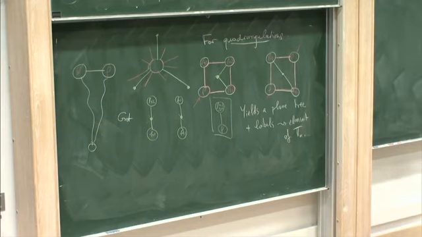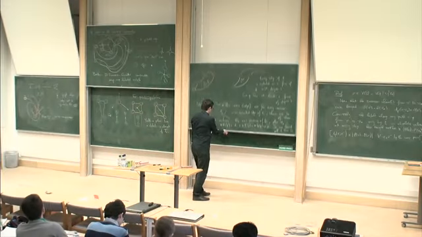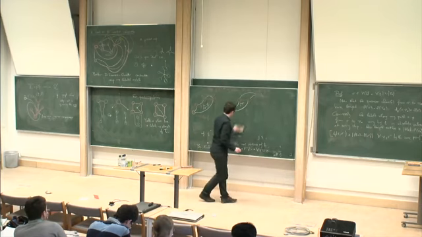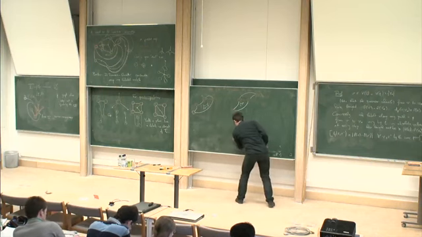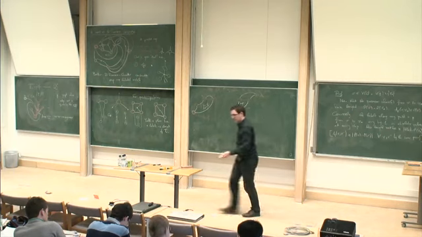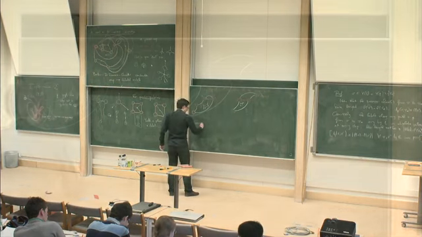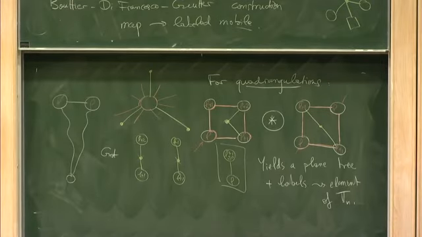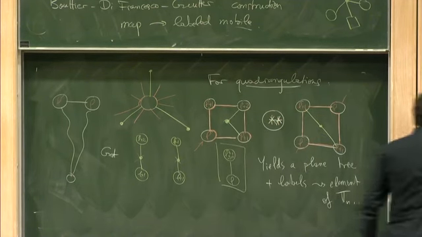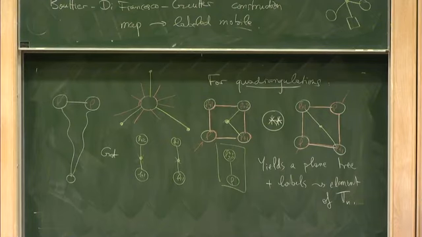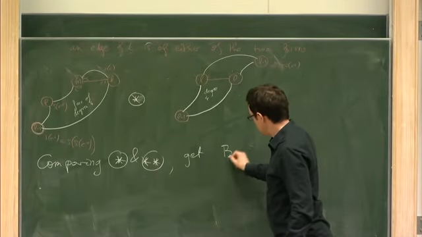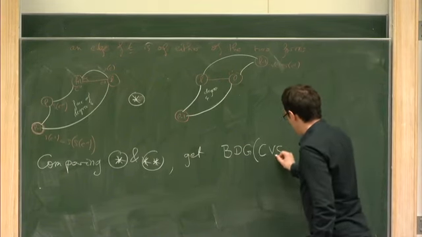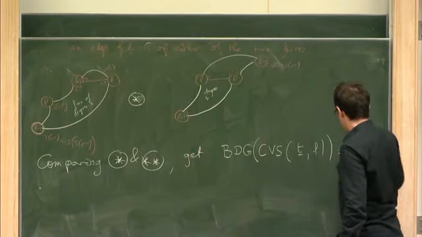Actually, I should use this blackboard. So comparing, let's say, this diagram and this diagram, actually maybe it should be the other way around, comparing a star and a double star, we get that the Bouttier-Di Francesco-Guitter construction applied to the Corey-Vauquelin-Schaeffer bijection of TL is equal to TL.